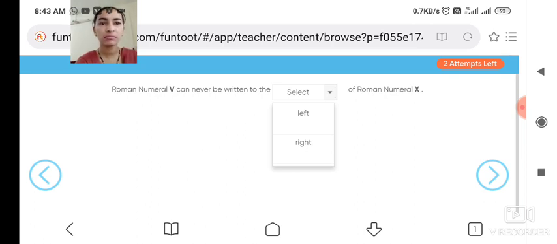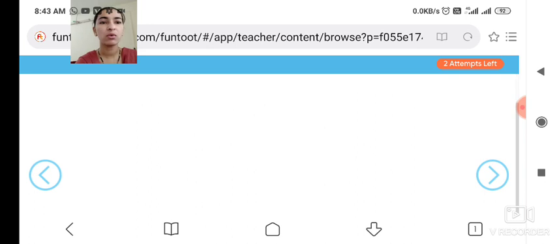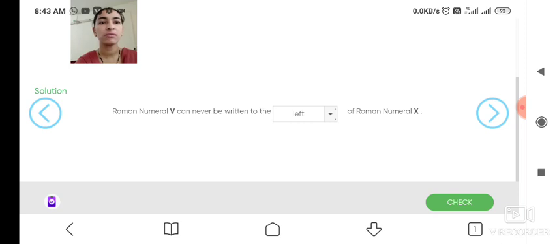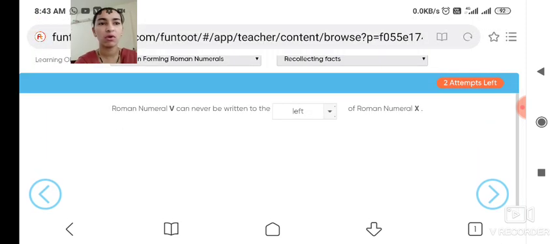It is not written on the left side of Roman numeral X. Okay, students, if we write V on the left of X, that is VX, it doesn't have any meaning, it does not represent any number. But if we write V to the right side of X, it has a meaning, that indicates 15. Okay students, XV stands for 15, but VX does not stand for any number.